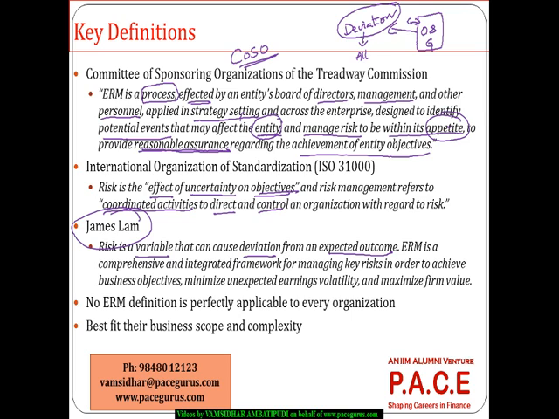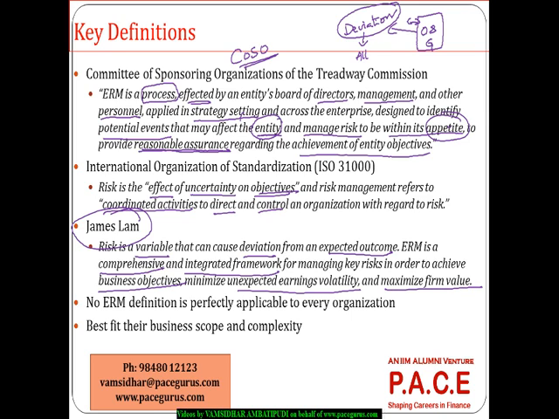So there is some kind of a deviation from the expected outcome, and ERM is purely a comprehensive and an integrated framework for managing the key risks so that I can achieve my business objectives. I can minimize my unexpected earning volatility and maximize the value of the firm.